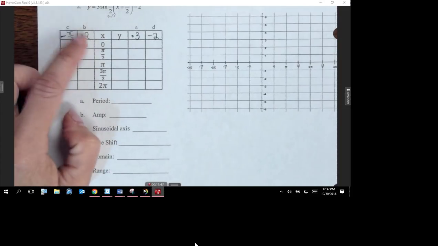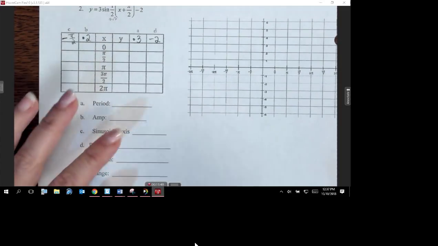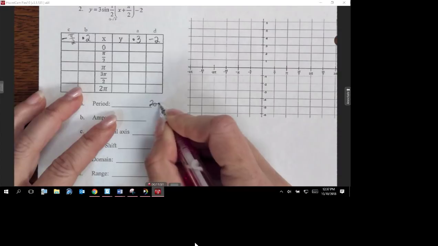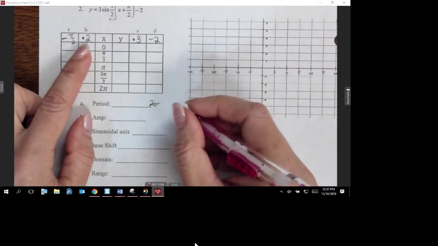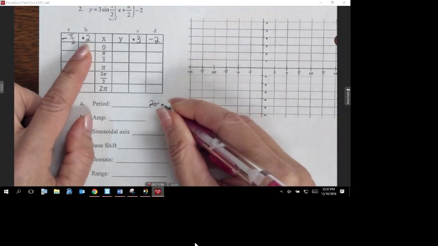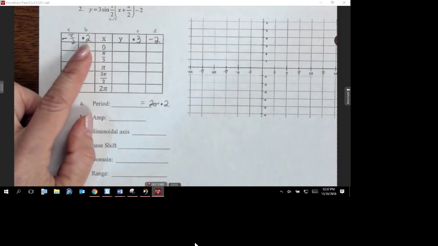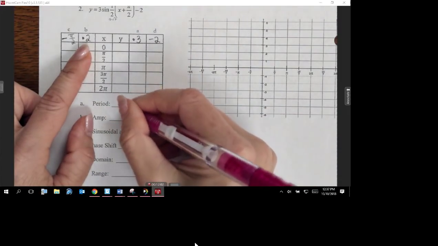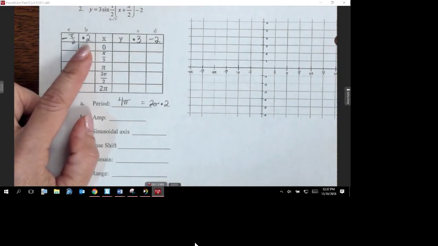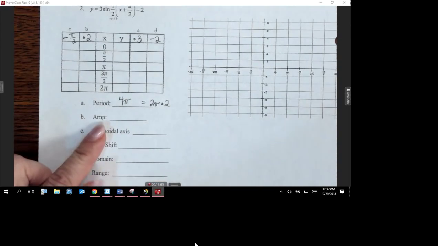So what's the period normally? 2 pi. But for this one, I multiplied my x's by 2. So do the same thing to the period, which is a horizontal length. What's my period going to be? 4 pi. And I did that without a graph. The amplitude is 3. Why?